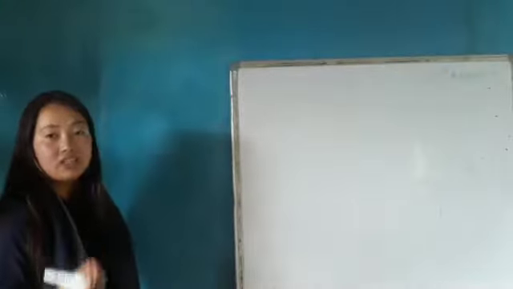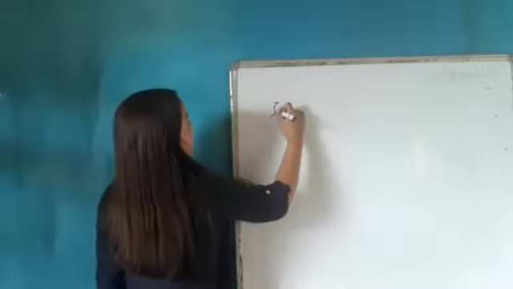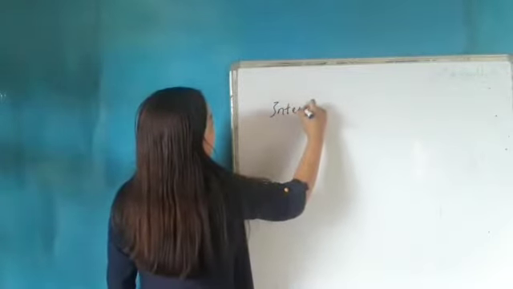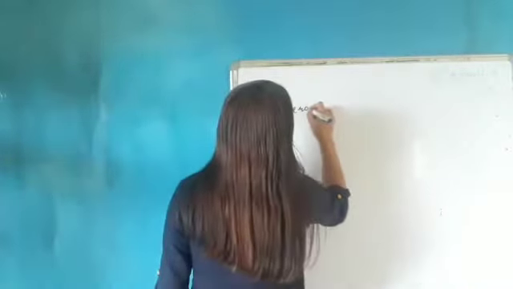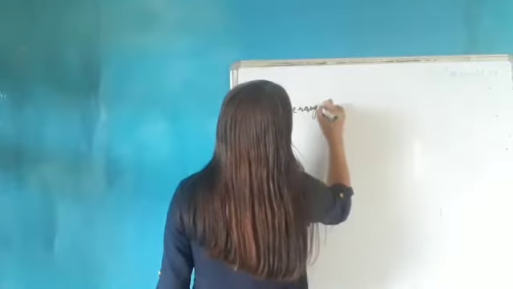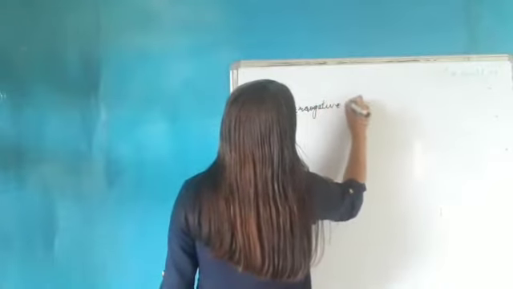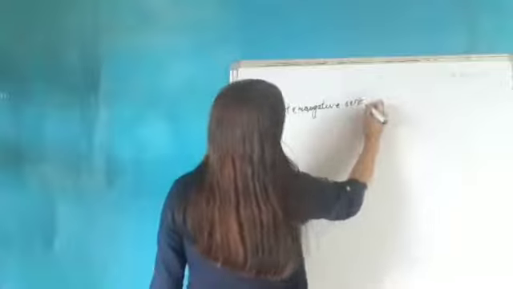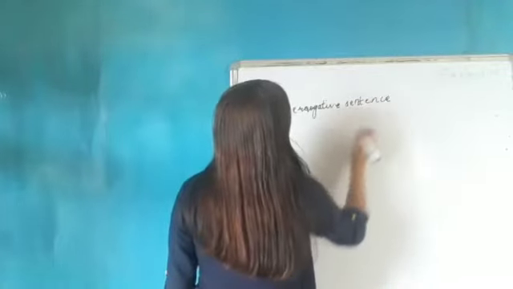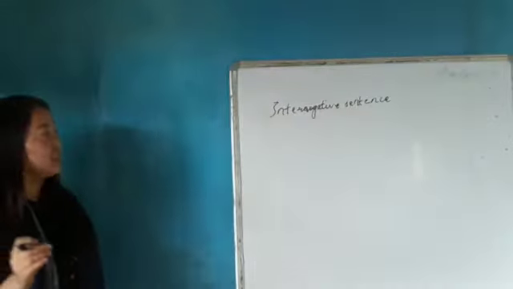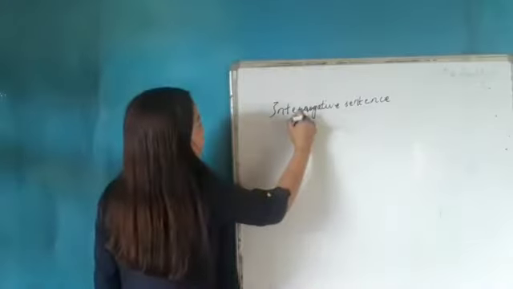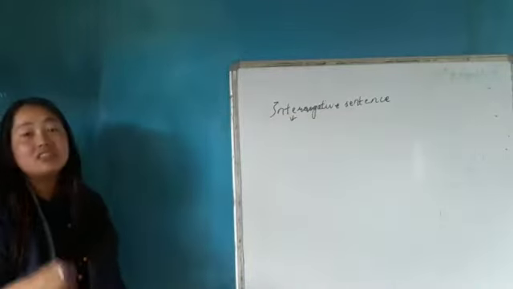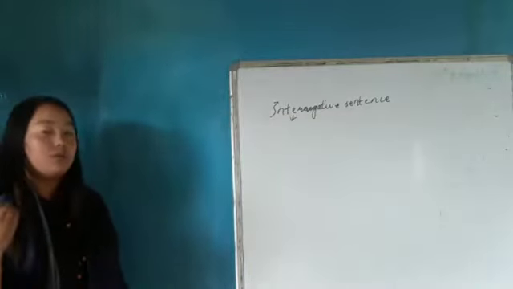Now, we will be learning how to change an interrogative sentence from direct to indirect. As we all know, an interrogative sentence is a sentence which asks questions.